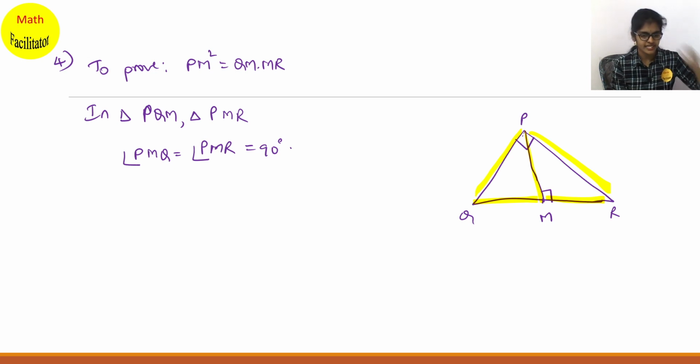So we are taking triangle PQM and PMR, isn't it? Here in these two triangles, we know that angle PMQ is equal to angle PMR. Let me check if there is any other easy method to tell you.